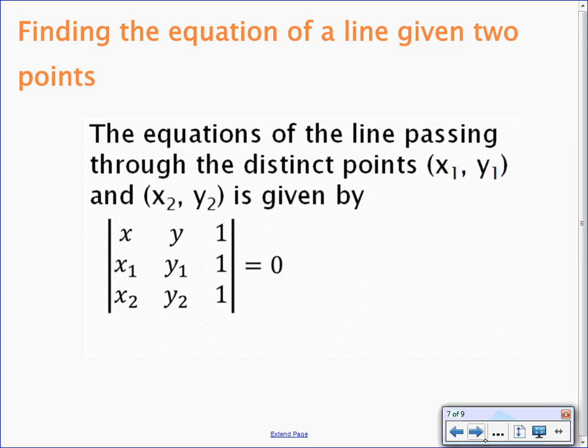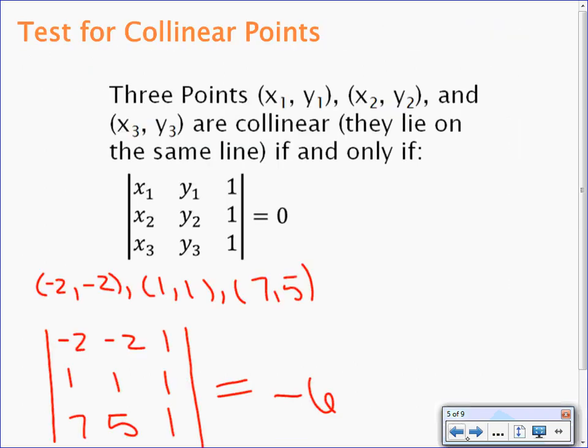Okay, now, what would happen if I wanted to find the equation of a line between 2 points? Okay, let's go back to this right here. If I have 3 points that are collinear, I put x, y, 1, x, y, 1, x, y, 1, and that determinant is going to be 0, right?